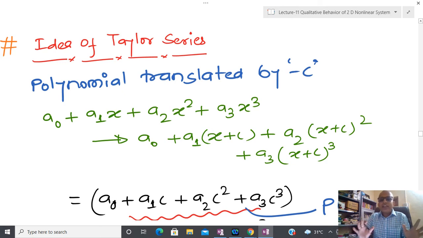So the approximation comes into the picture like this. I initially have some function, because the right hand side of a differential equation is some kind of function. Whenever I have a nonlinear system, the right hand side of that differential equation is some kind of multivariable, real valued function.